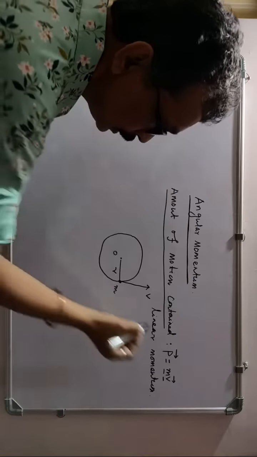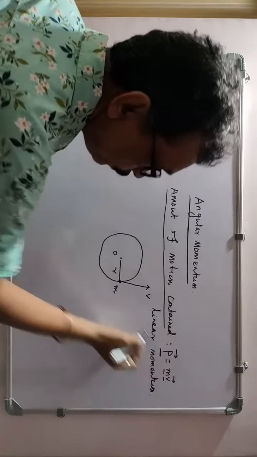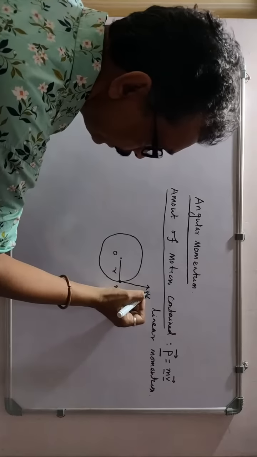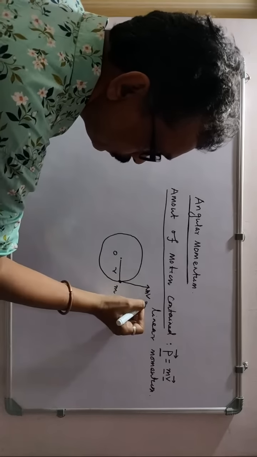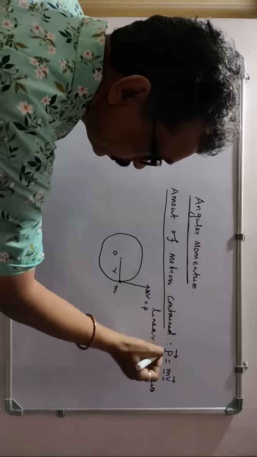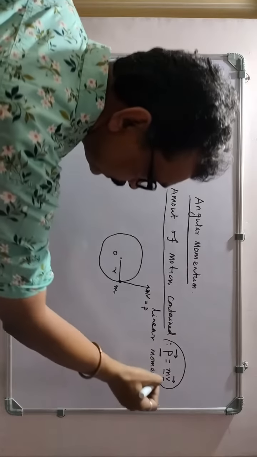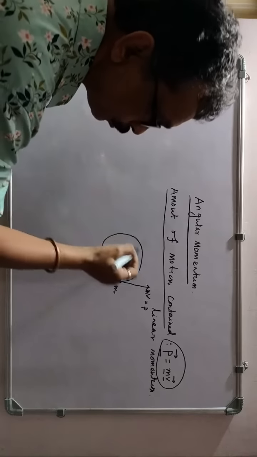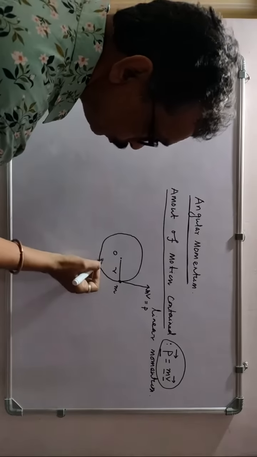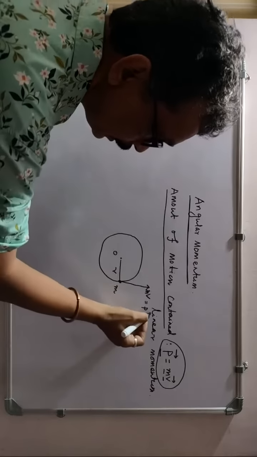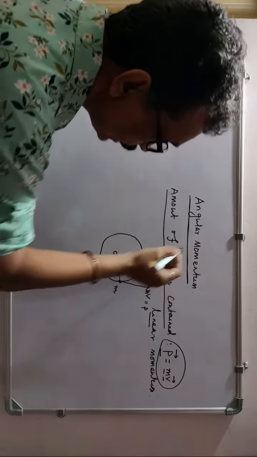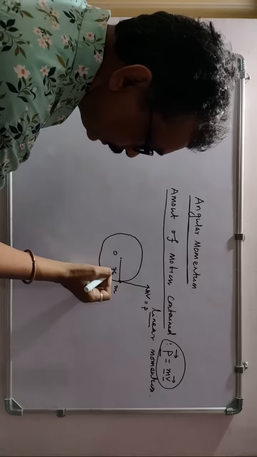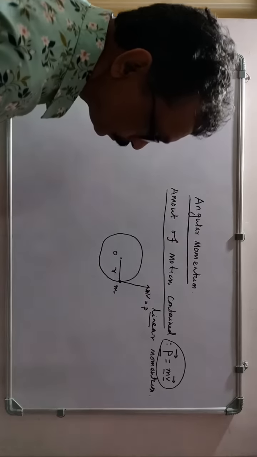That means in addition to the momentum, if you have a mass, you have a momentum mv, which is equal to p. You have defined, but in case of a circular path, circular motion, instead of linear momentum, we take angular momentum, where we have an extra term, that is your r.